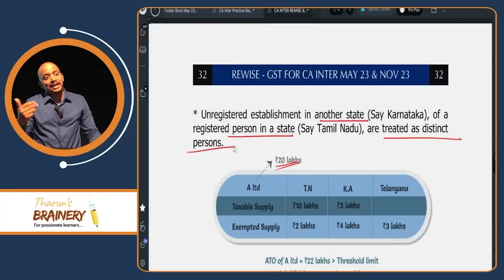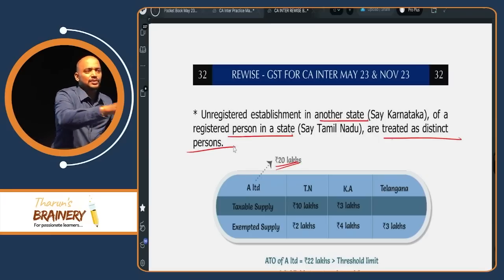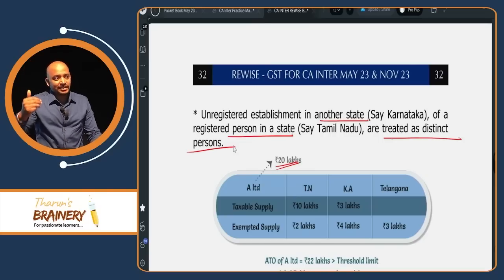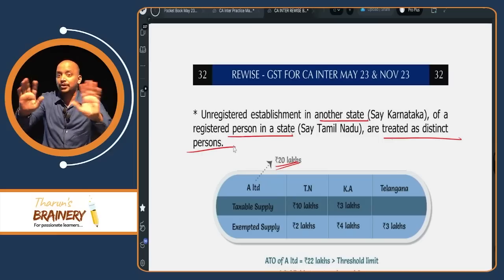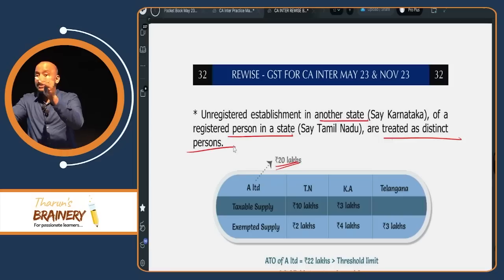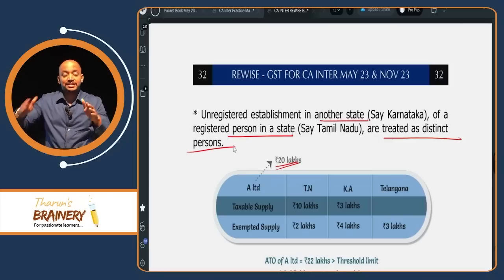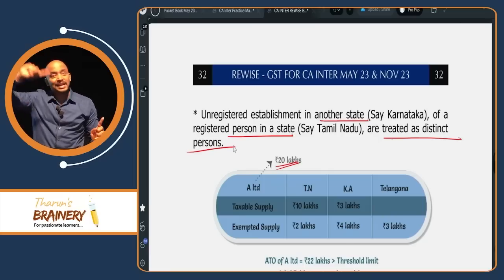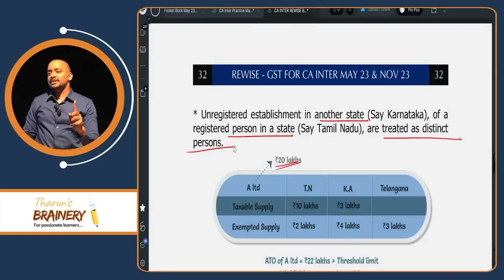Erode, I have not obtained any registration because we are making only exempted supplies there. Now, will that become distinct person? From Chennai to Erode, if I make any transfer, will that become distinct person? No. Unregistered within the state will not become distinct person. Unregistered in the other state only will become distinct person.